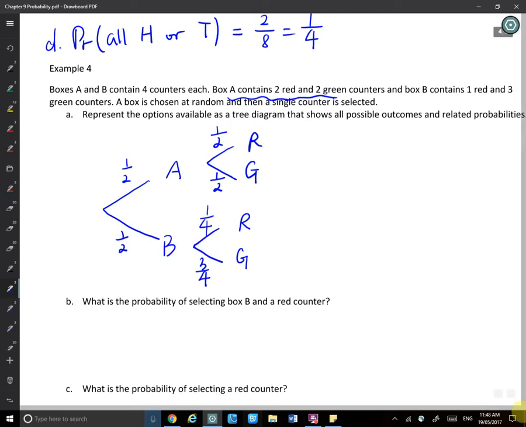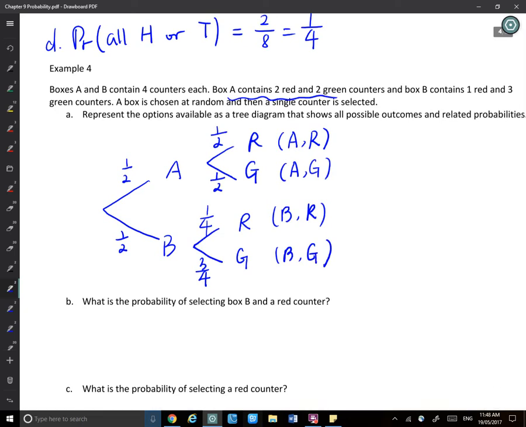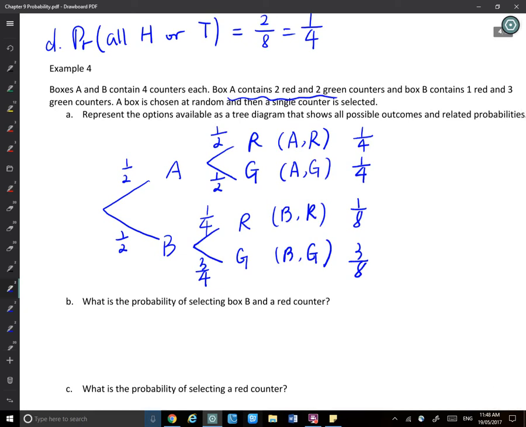So the outcomes will be AR, AG, BR, BG. But the probability is not a quarter for each of them. That one will be a quarter, that one a quarter, that one 1 on 8, and that one 3 on 8. The probabilities are different.